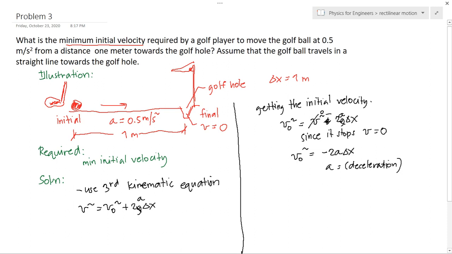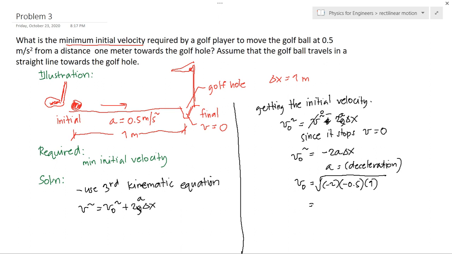So therefore you have v naught equals the square root of negative 2 times negative 0.5 times the change in x, which is 1 meter. So we have an initial velocity of the square root of 2 times 0.5 times 1.